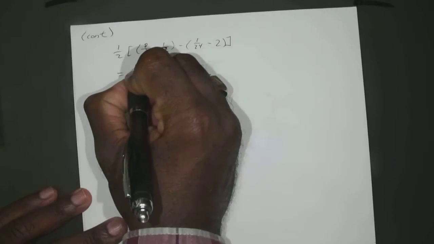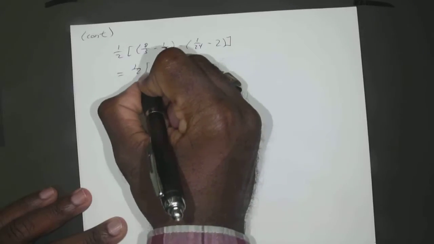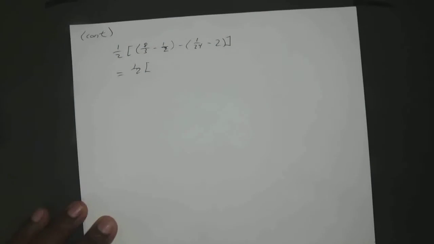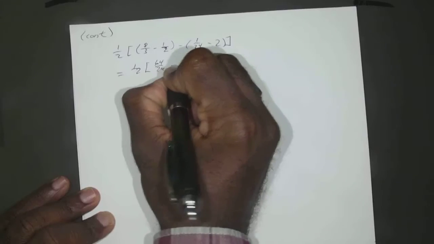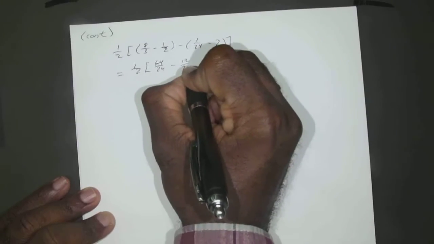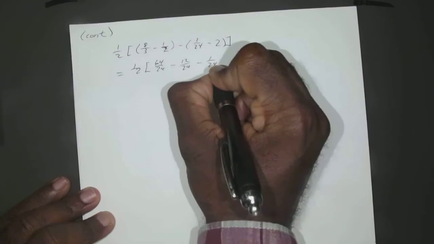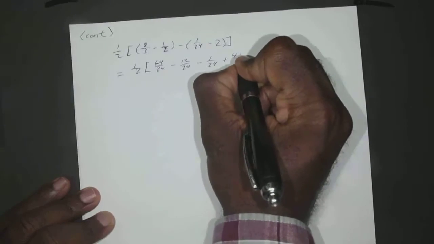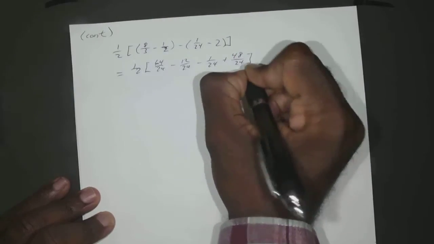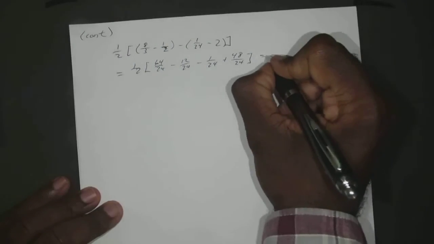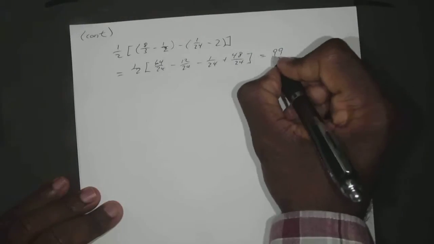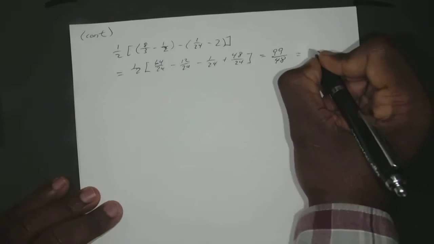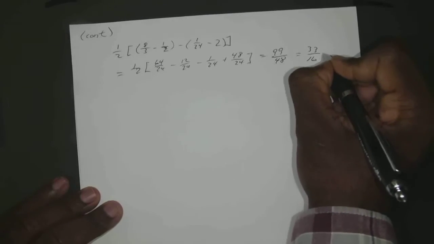Okay, so you end up with 1/2 times, if you want to get all the common denominators, 64 over 24 minus 12 over 24 minus 1 over 24 plus 48 over 24, which would be 99 over 24 times 2, which is 48, which is 33 over 16.